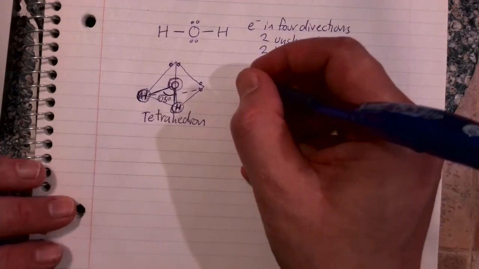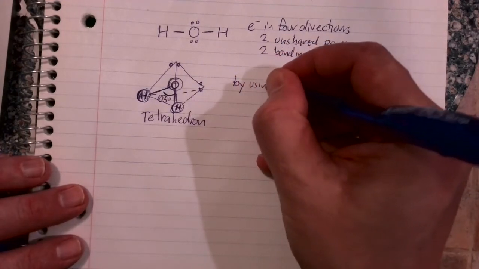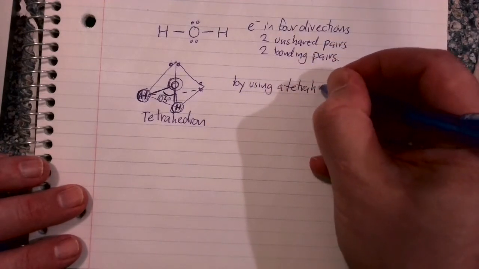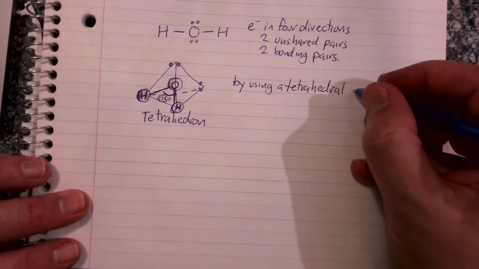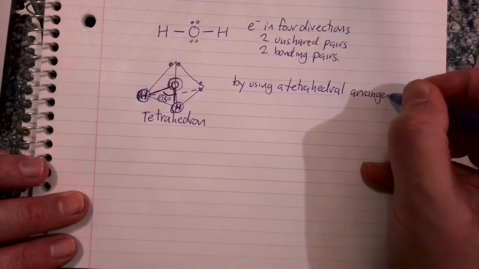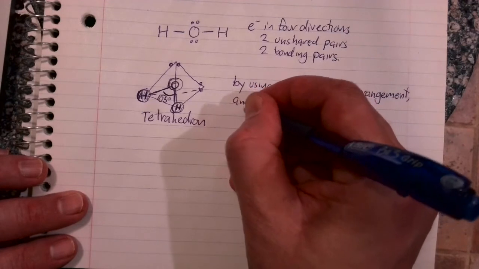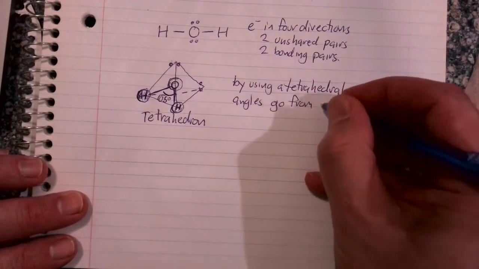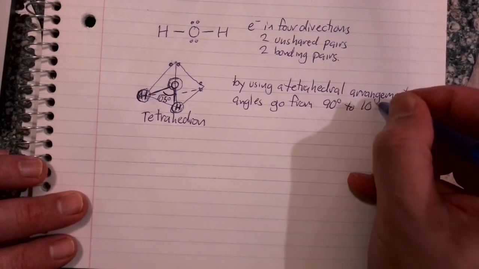So what we've done is we've changed, by using a tetrahedron, or a tetrahedral arrangement, if we want to use an adjective, the angles go from 90 degrees to 105.